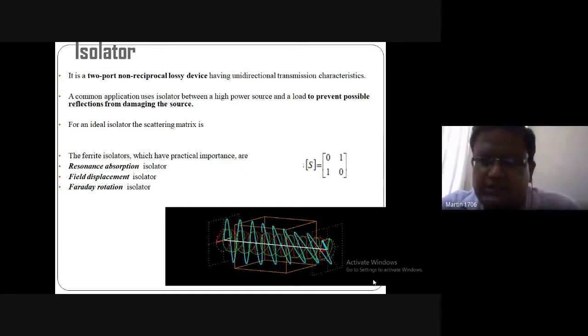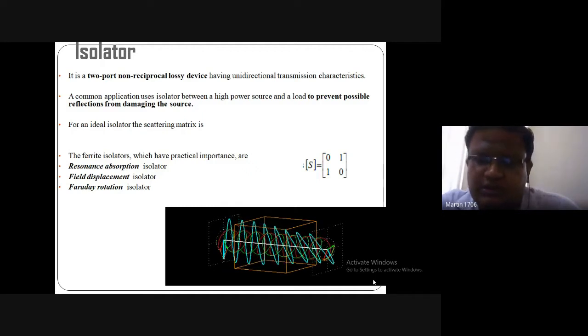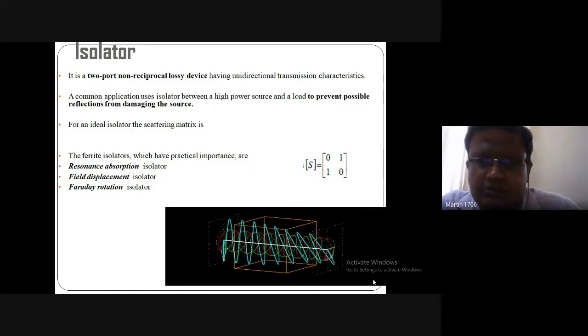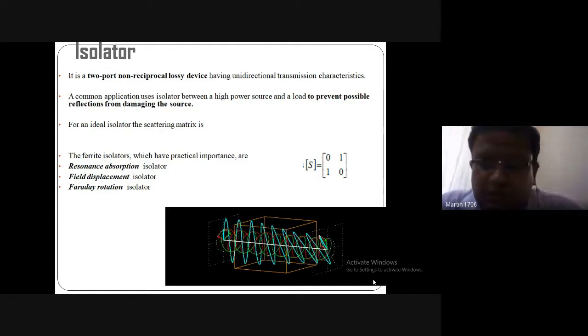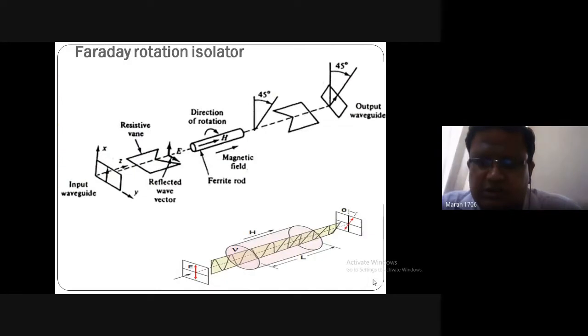Okay, in this device, in your curriculum also you have the Faraday rotation in your textbook. They do not use the resonance absorption and the field isolator. Okay, some basic things alone they have given with the help of the Faraday rotation. Okay, so this is called the isolator. So in the isolator, basically we should know how the Faraday rotator works.